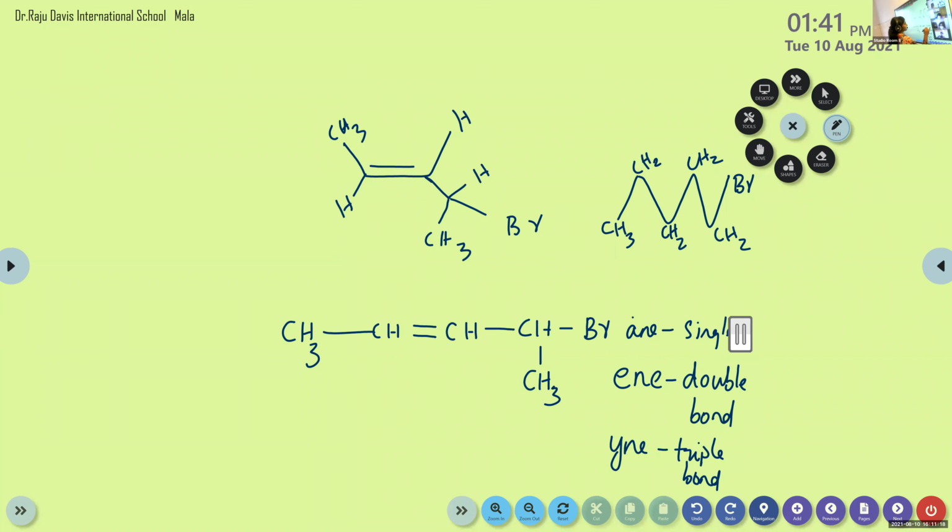The parent carbon should end with this. Single bond, it is ANE, then double bond ENE, triple bond YNE. So now you can tell me the name of this compound CH3, CH double bond CH, CH, CH3Br.